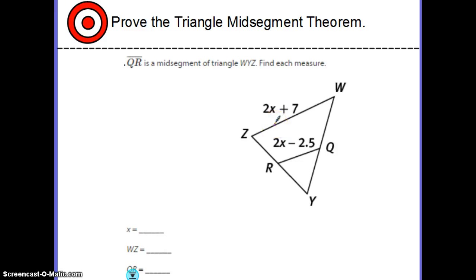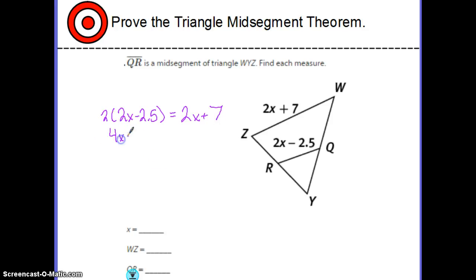But for the purposes of my equation, I'm going to use the fact that this is twice the length of this, because I would prefer to multiply an equation by 2 than to divide it by 2. So I'm going to write this right here as 2 times 2x minus 2.5, set that equal to 2x plus 7, and then I can solve.